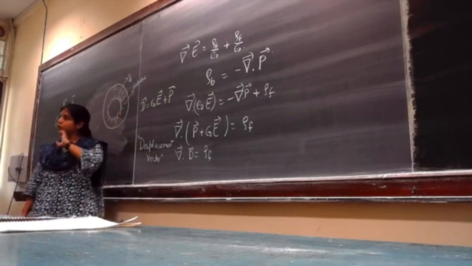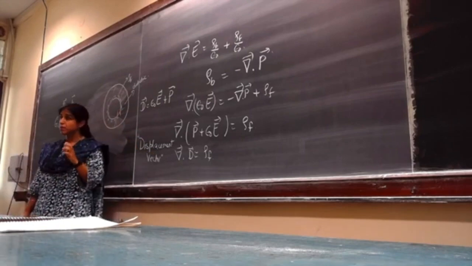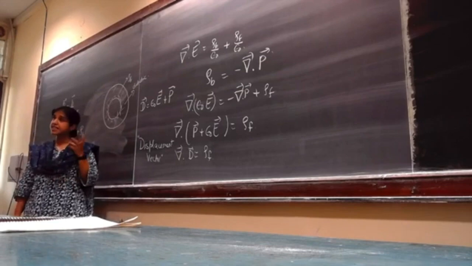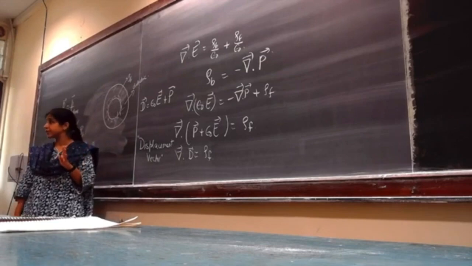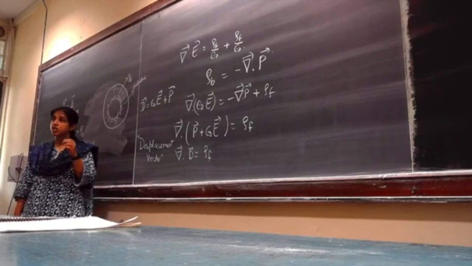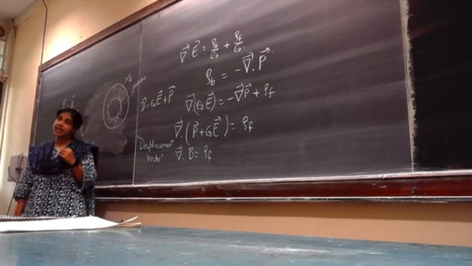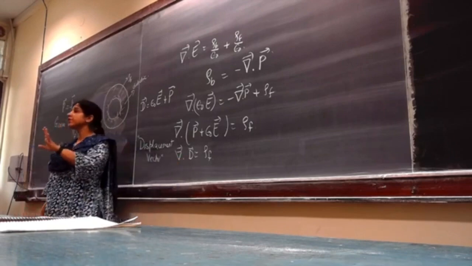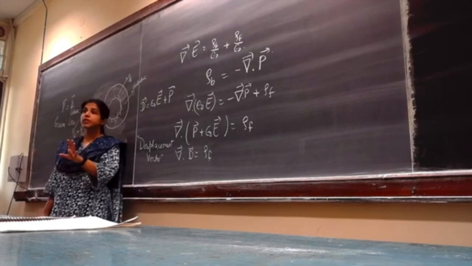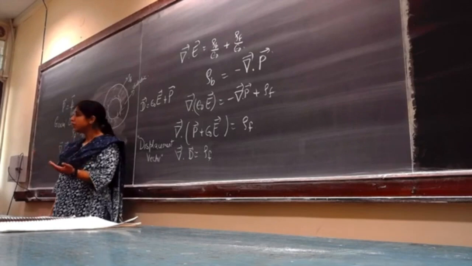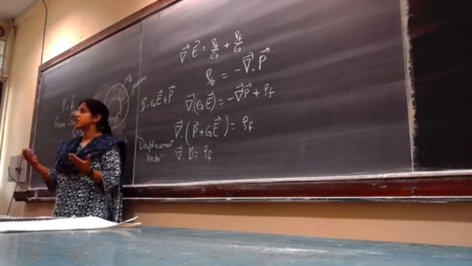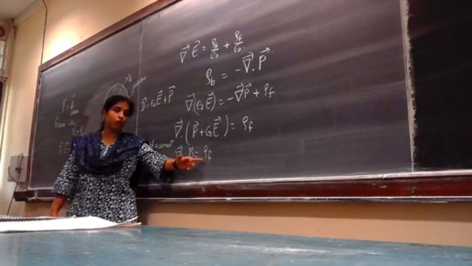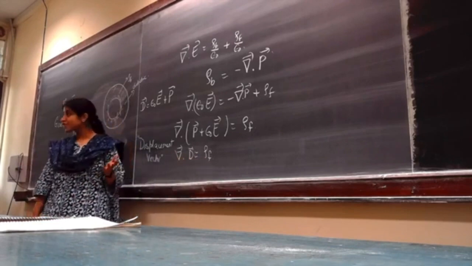It's a very important quantity, we will realize it's extremely important. The induced effect is taken care of. If you look at epsilon naught E plus P, it has taken care of the induced effect in such a way that now this D only depends upon what? It only depends upon the free charge density, right? This is like Gauss's law, right?